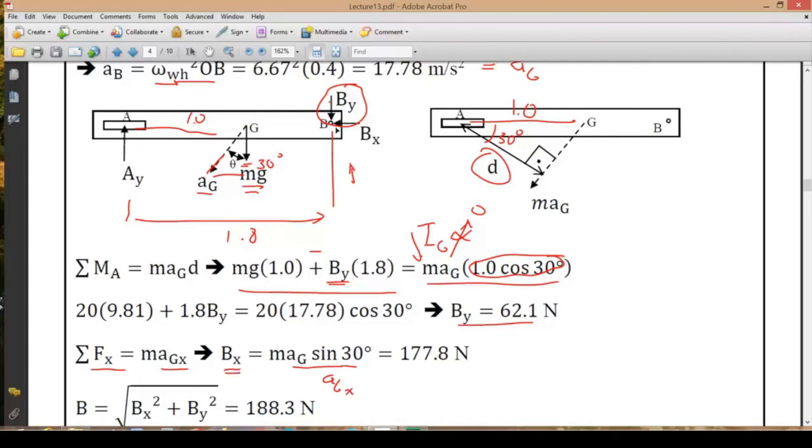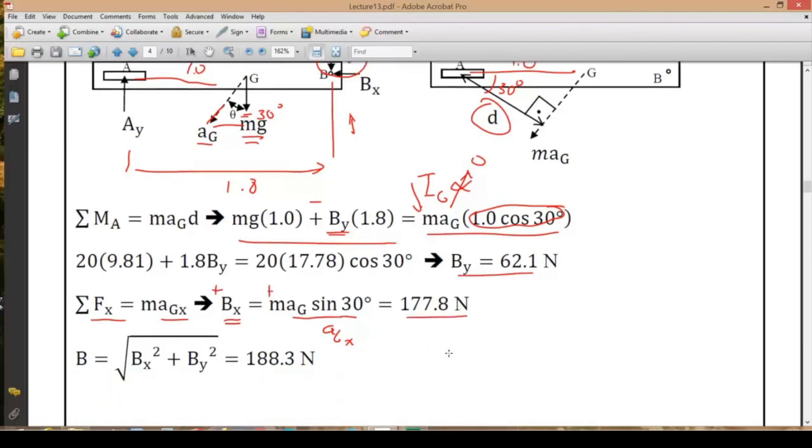Again, the direction of the arrow is consistent with our equation. This is in the positive direction if we consider the left to be positive, and a_G's x direction or horizontal direction component is also to the left, so they appear all positive in this equation, positive and positive. And we find out the reaction force in the x direction, and then we can calculate the magnitude of this reaction force.